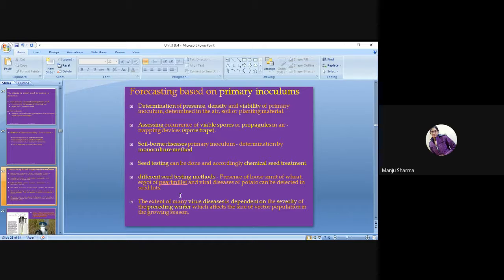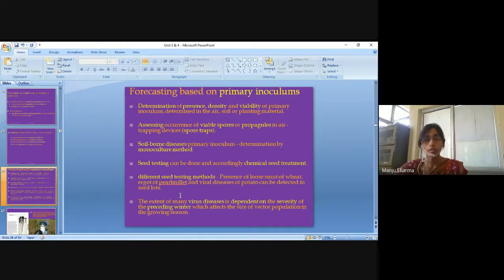For soil-borne disease, the primary inoculum is determined by the monoculture method. Then seed testing can be done and accordingly chemical seed treatment.